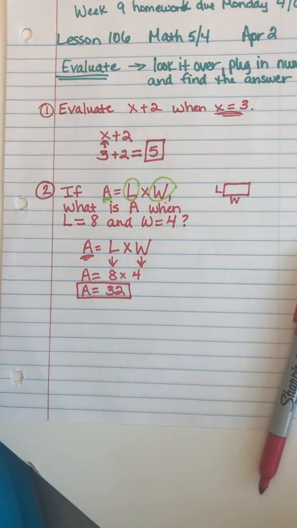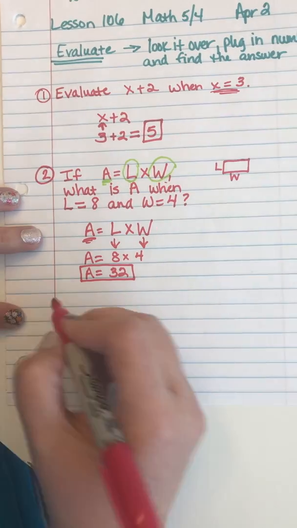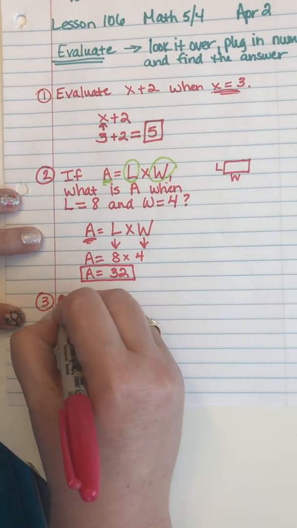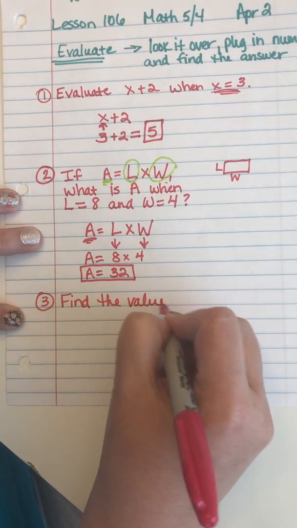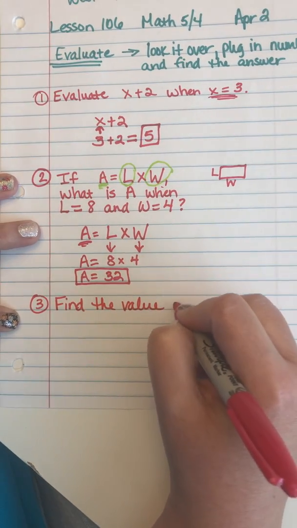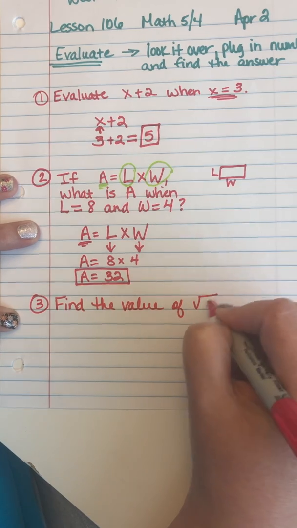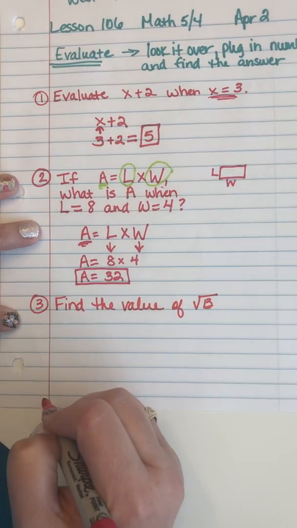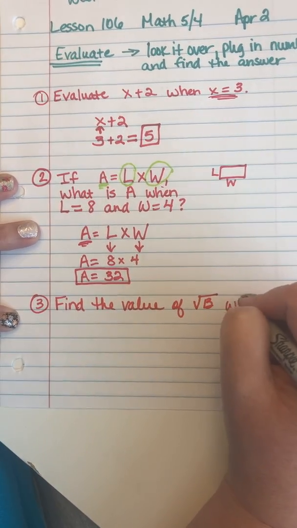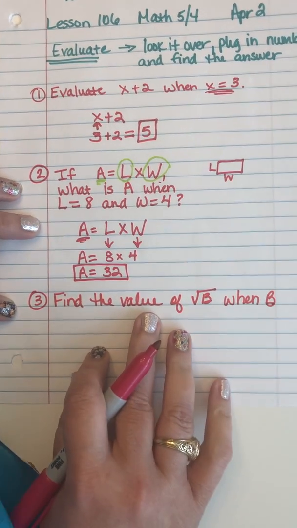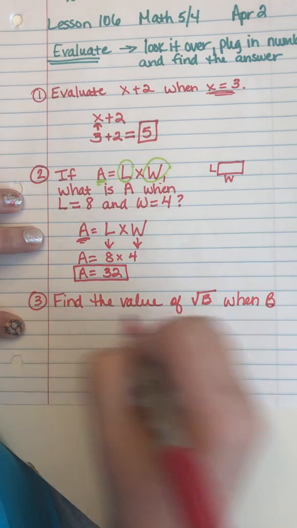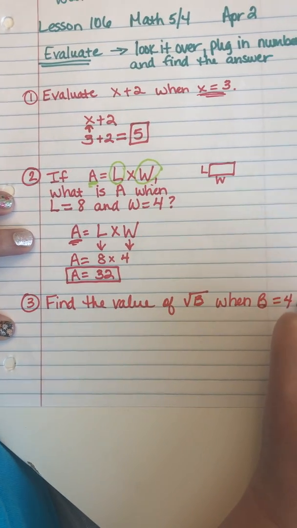So let's look at another one. Find the value of the square root of B when B equals 49.